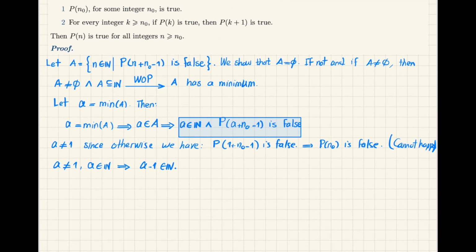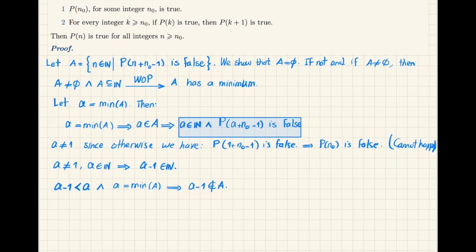On the other hand, you know that a minus 1 is strictly smaller than a, and you know that this little a is the minimum of my set. So this implies that a minus 1 is not in my set. Yes? Because a is the minimum of my set, and a minus 1 is strictly smaller than this one.